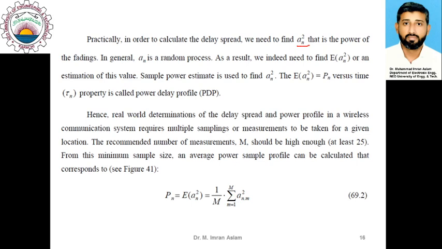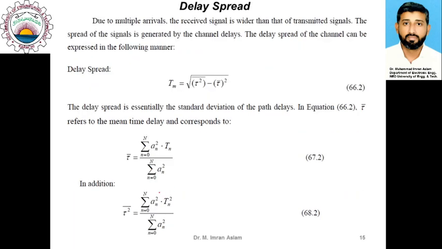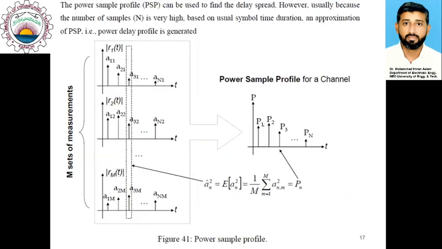This a square n represents the power of the fade. Generally, different components are received at different times, and in most cases we take power samples rather than mathematically calculating the power. So we generally rely on measurements, and those measurements also represent the power. The same formula based on a square n can be represented in terms of power samples as well.